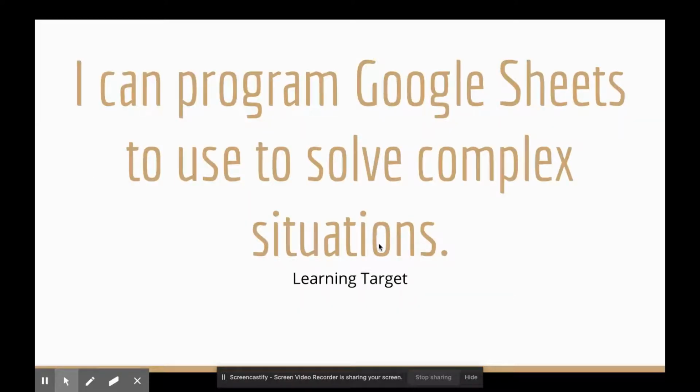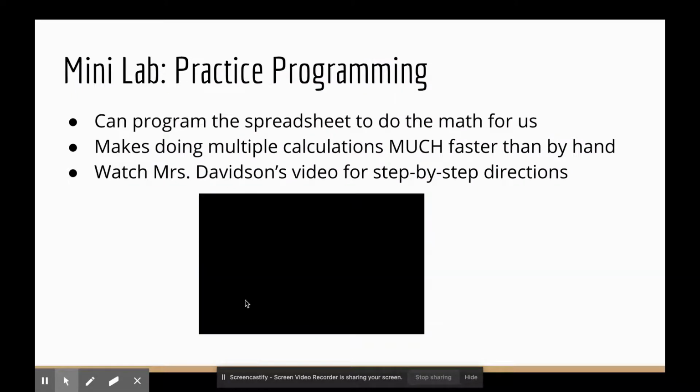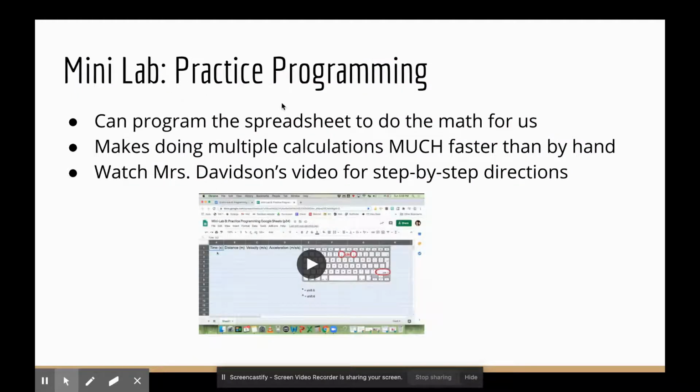For today, we're going to focus on this learning target, which is: I can program Google Sheets to solve complex situations. Yesterday, we started doing the mini lab practice programming. The reason why we are doing programming is because programming the spreadsheets can make it so that it does the math for us, which speeds up the process compared to us sitting here calculating things by hand.